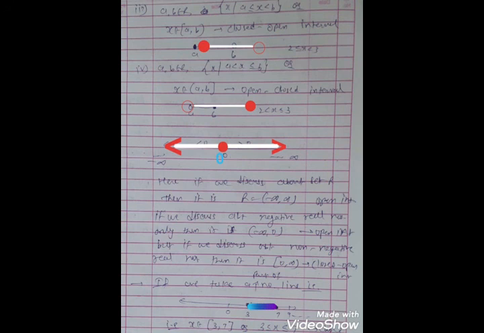The right value is possible, so we make a square bracket. Meaning where an extremity is possible we show a square bracket, and where an extremity is not possible we show a round bracket. So it is considered the open closed interval AB. The left value is not possible but the right value is possible. It can be written as x such that A less than x less than or equal to B.